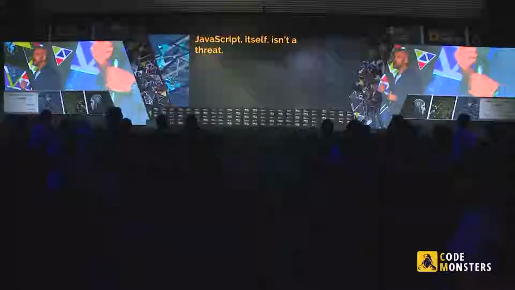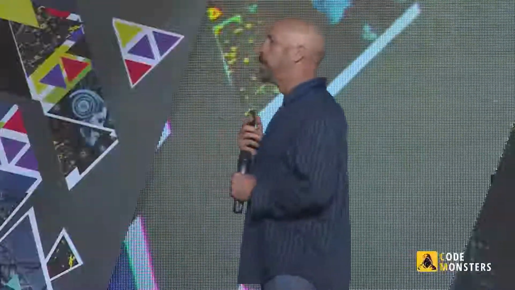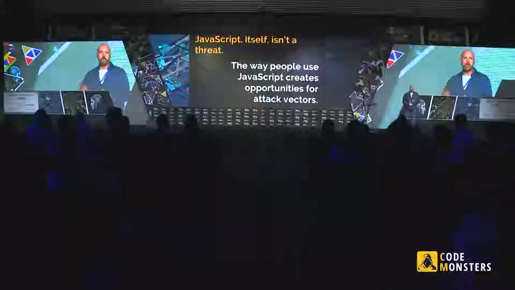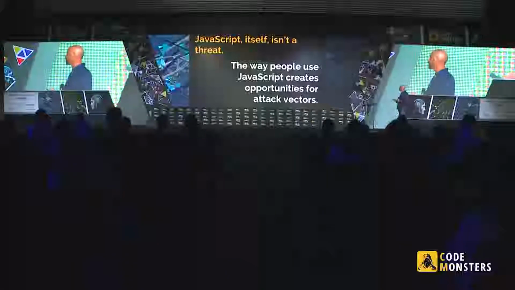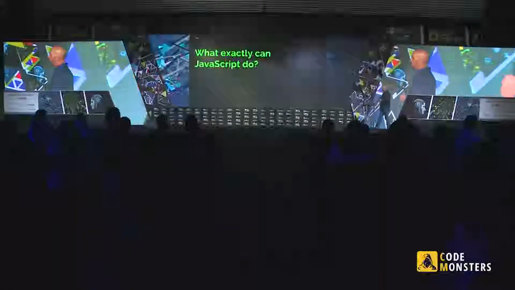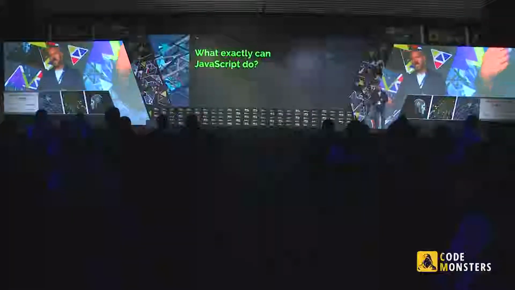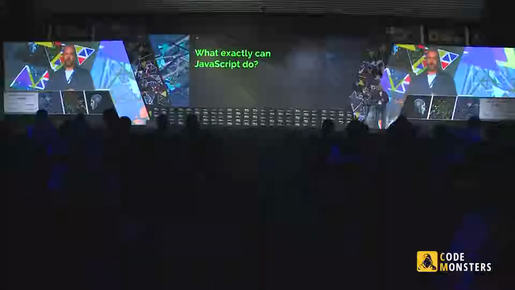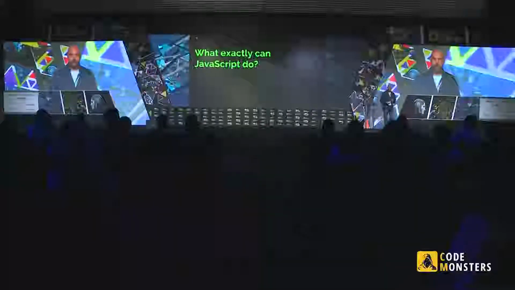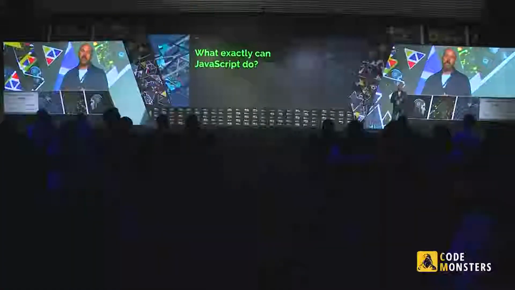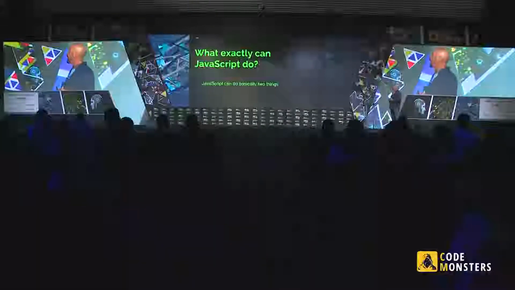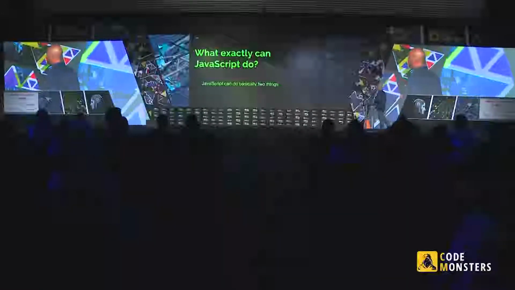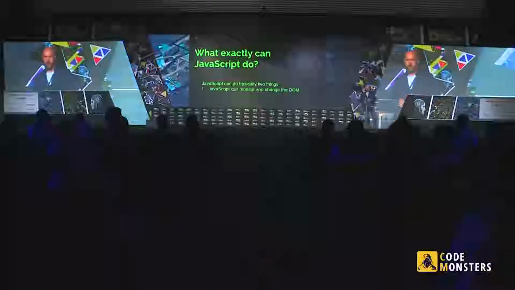The one thing that I really want to make certain that you know is that I do not view JavaScript as the problem. The problem is the way people use JavaScript. One of the ways to gain an appreciation for how JavaScript can be used as an attack vector is to look specifically at what you can do with JavaScript. There's basically two things that you can do with JavaScript.